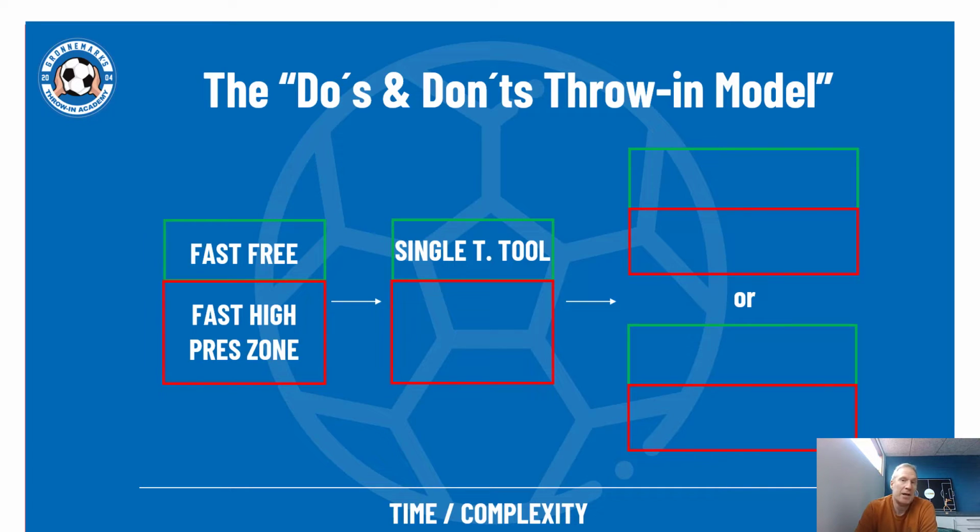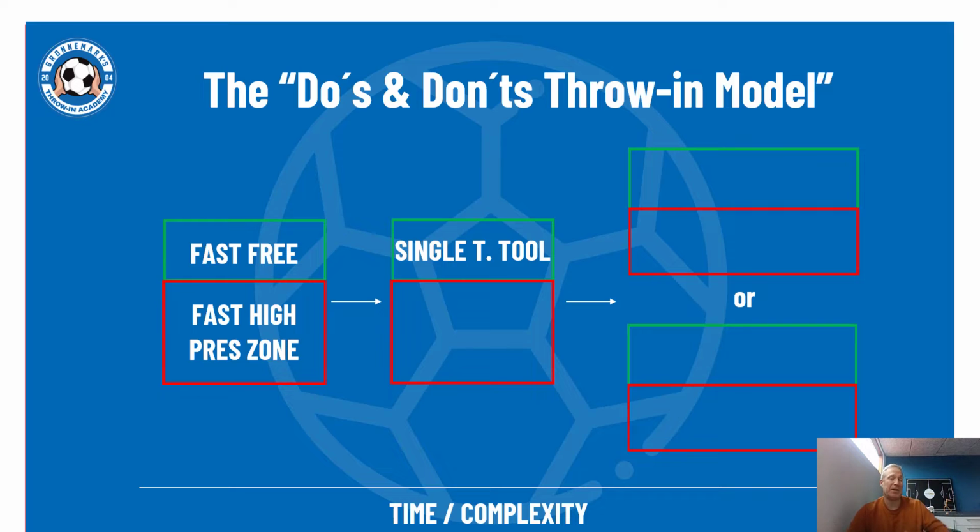It could also be mini switches. It could also be switches of play. It could be shuffles. It could be blocks slash screens. It could also be pick and rolls a little bit from basketball. So you can do a lot of things where you, with a single movement, a single tool, can keep possession, create a chance, or score a goal after a throw-in situation.